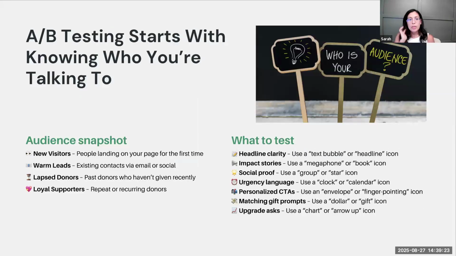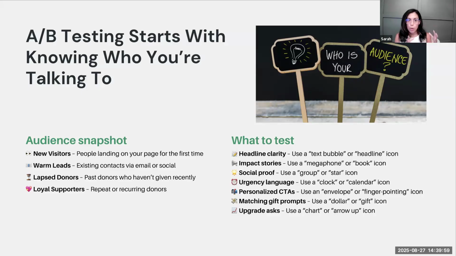When you are building an A/B campaign, one of the most important things to consider is your audience, right? Not all donors are the same, and your test should reflect that. An A/B test isn't just about which headline is better. It's about which headline is better for the person that's reading it. Let's say that one version of your donation page is focused on emotional storytelling, but the other focuses on your stats, the credibility, all of that behind the scenes.